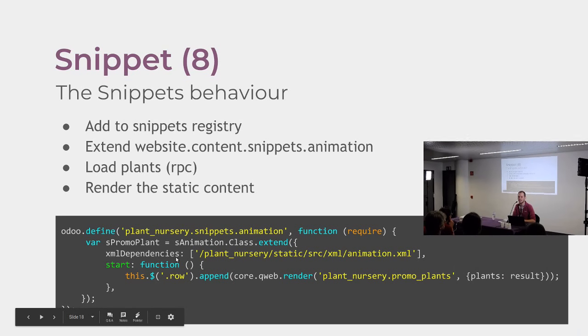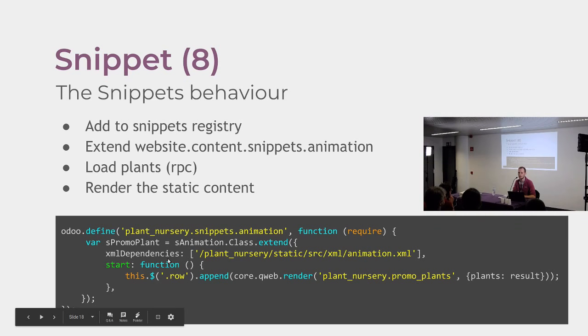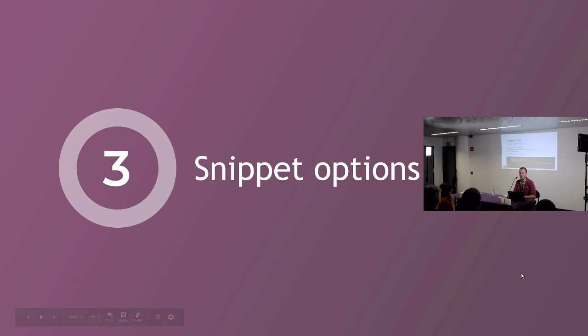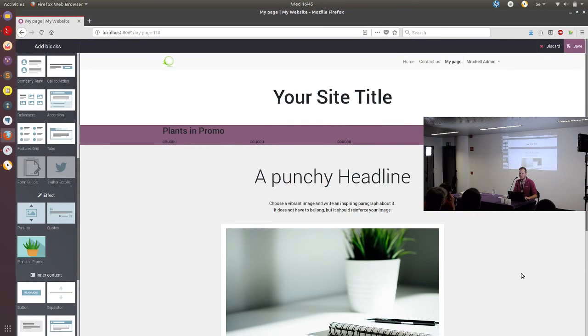The XML dependencies is just an attribute that specifies where your template definition is, and you say, all right, in the row I will put my small template with the results I got from the server. And now this is what it looks like.